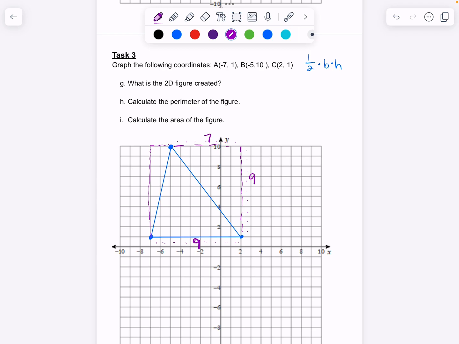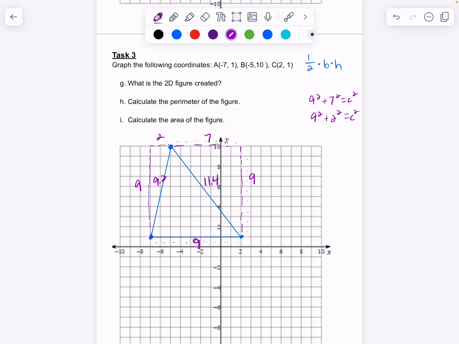So to find this top one, I'm going to do 9 squared plus 7 squared equals c squared. And when I do that math, it's going to give me an 11.4 diagonal. I'm going to do 9 squared and 2 squared, and when I do that math, I'm going to get 9.2 as my diagonal.